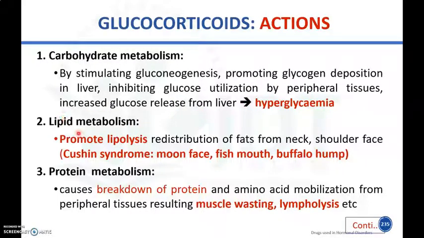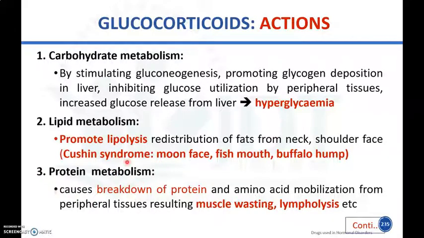And second action is on lipid metabolism. Glucocorticoids will promote lipolysis. So the distribution of fat from the neck and shoulder and face will be affected. It is known as Cushing syndrome. There will be a condition like moon face, fish mouth, and buffalo hump. So these are the actions in lipid metabolism.